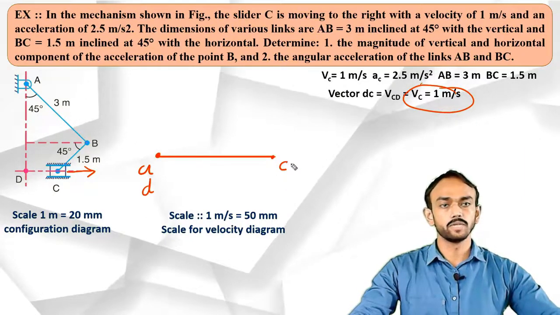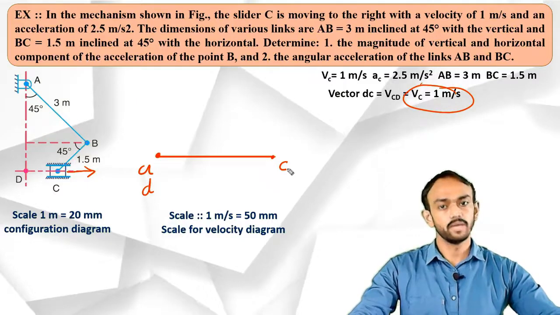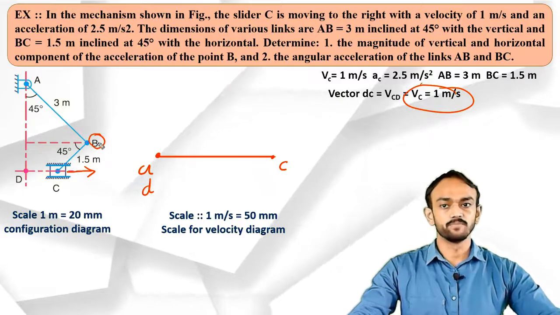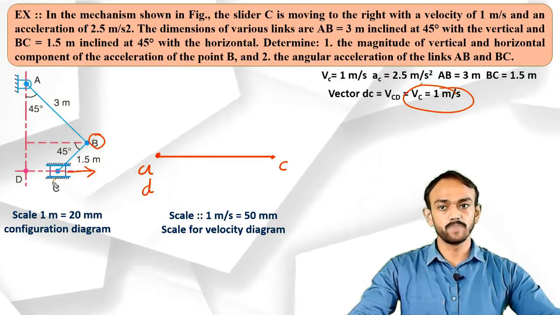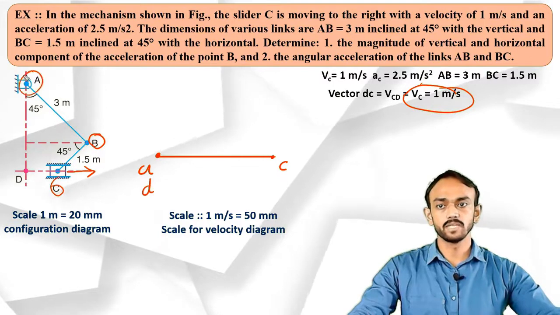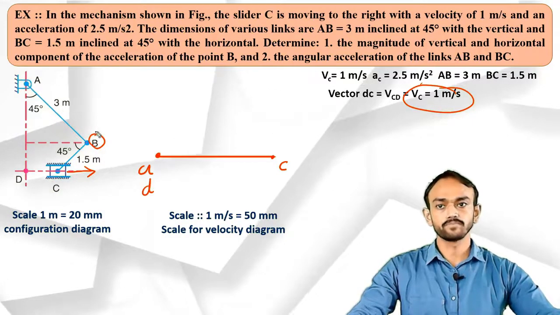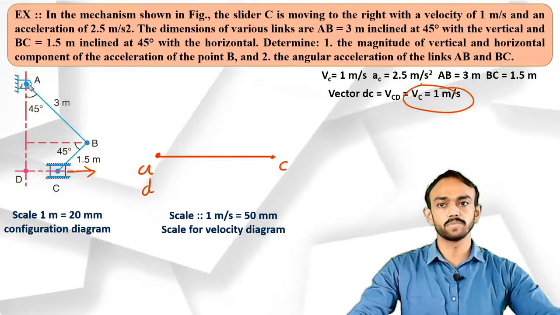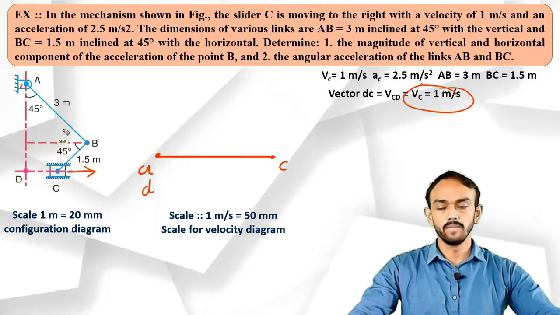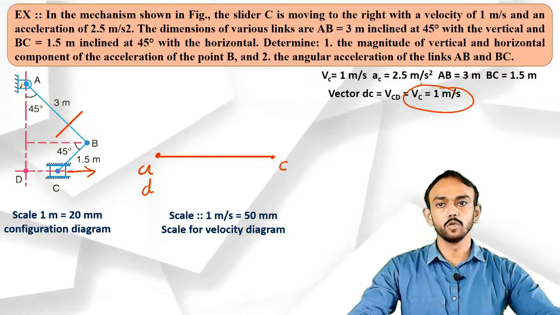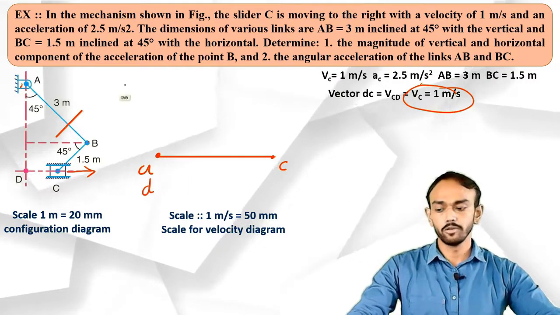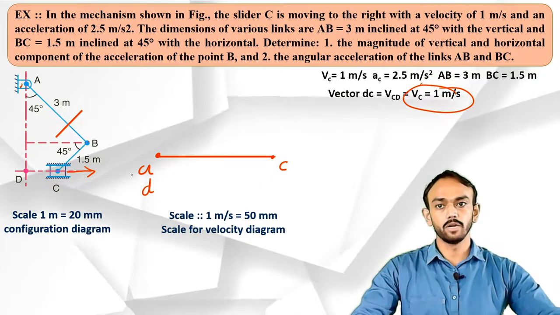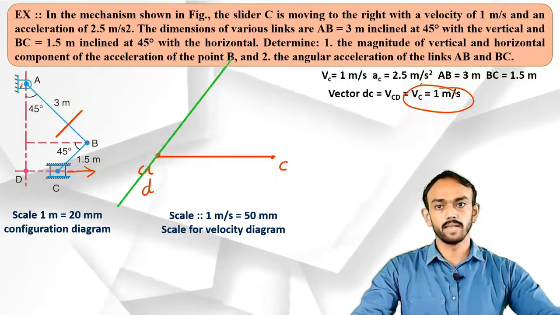So this is the velocity of C, or slider, with respect to A. Now consider the velocity of B. This velocity of B we can find with respect to C, and also with respect to A. So let's take it with respect to A. The velocity of B with respect to A has direction perpendicular to the link. We don't know the magnitude, so we draw this perpendicular to the link passing through like this.